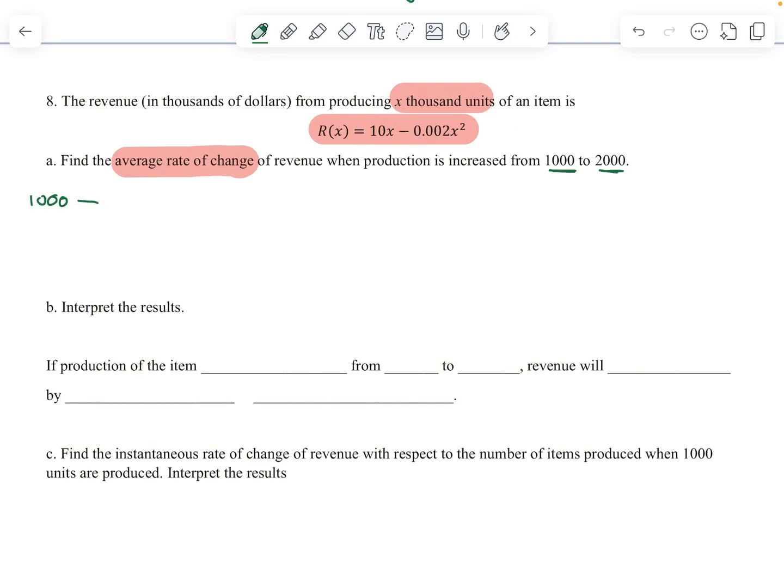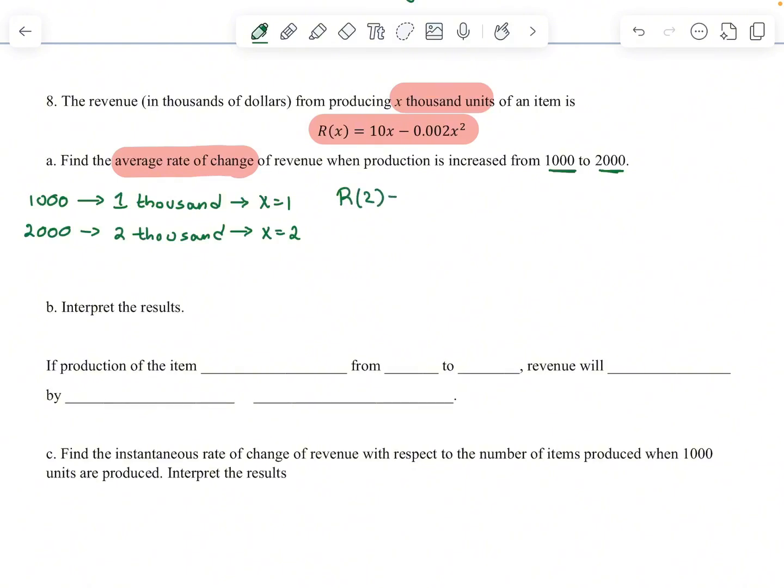So 1,000 can be rewritten using the number 1 and the word thousand. This implies that X is equal to 1. Similarly, 2,000 can be rewritten using the number 2 and the word thousand, which implies that X is equal to 2.